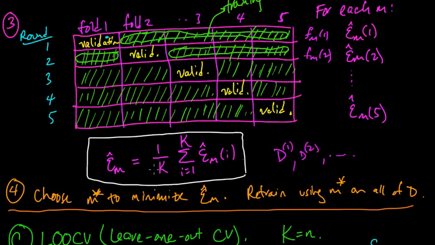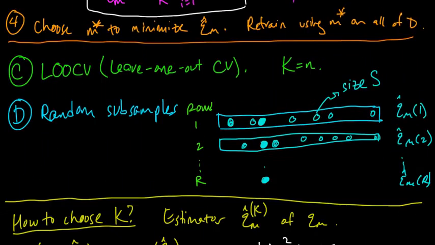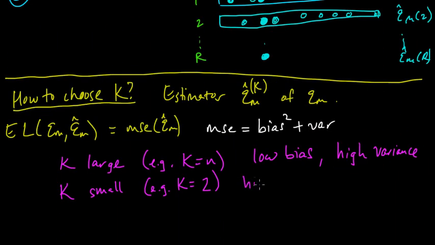Our estimate of the error is going to be higher because each of these is not going to be as good. It just doesn't have as much to work with. So this is going to have higher bias, and it's also going to have lower variance. So that's for k small.